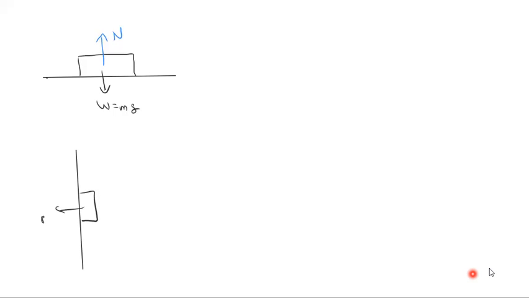That's my push. What does the wall do to me? Which way does the wall push? The opposite direction. Correct. So the normal force in that case is to the right in my example here.